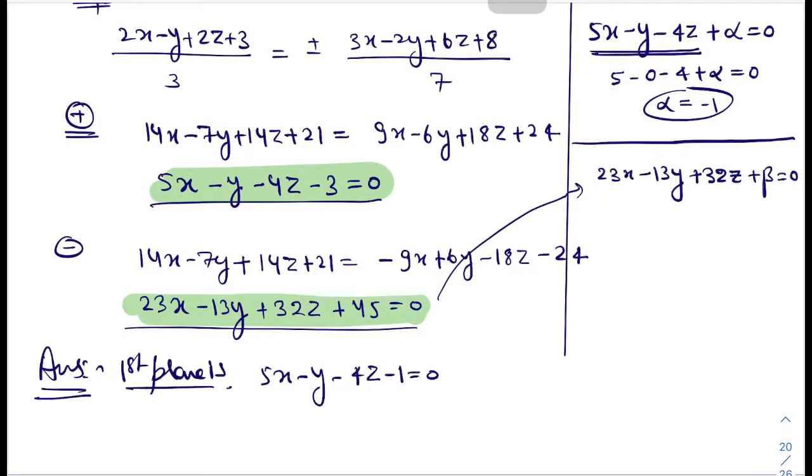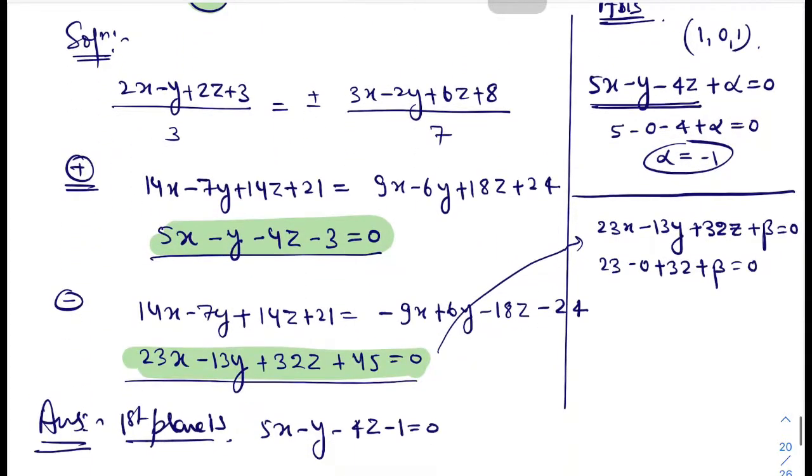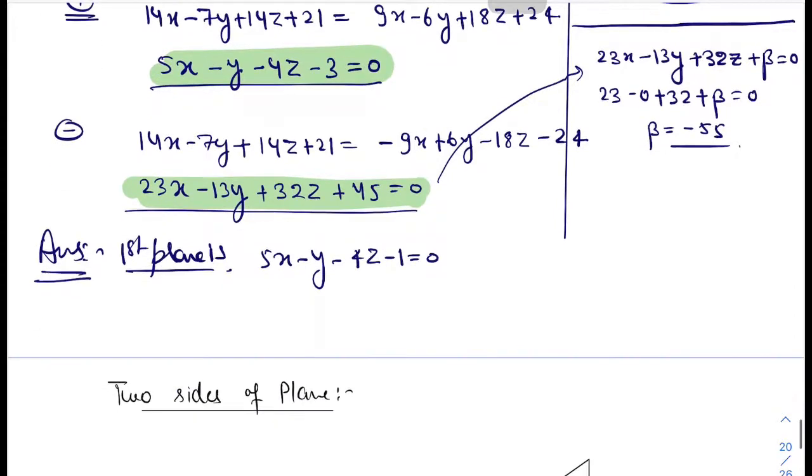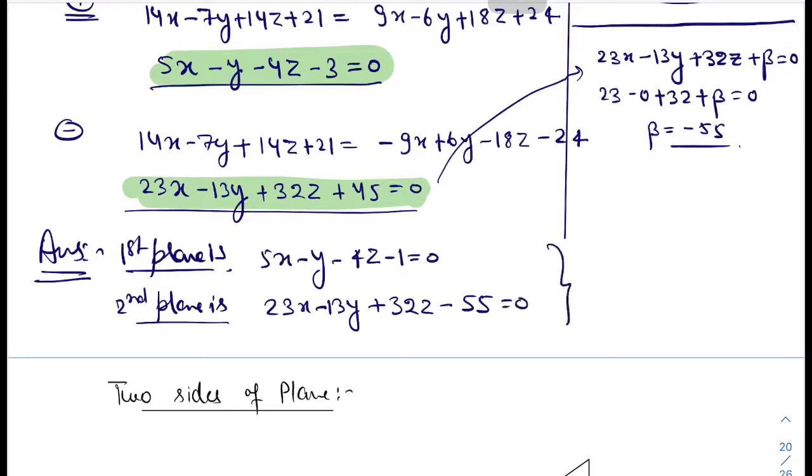But this is also passing through 1, 0, 1. So if we put 1, 0, 1 in this plane, we get this, okay. The point was 1, 0, 1, yes. So beta comes out to be what? Minus 55. So the other plane, the second plane, is 23x minus 13y plus 32z minus 55 equal to 0. So this is our answer, okay.